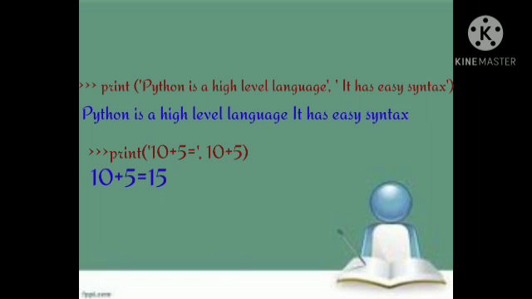Now, we can also pass more than one argument in the print function by separating them with commas. For example, I have written Python is a high-level language. It has easy syntax. Now, these two are different statements and we are separating them with a comma. Now, this statement has to be written using the print function. So, this is how we are going to write.